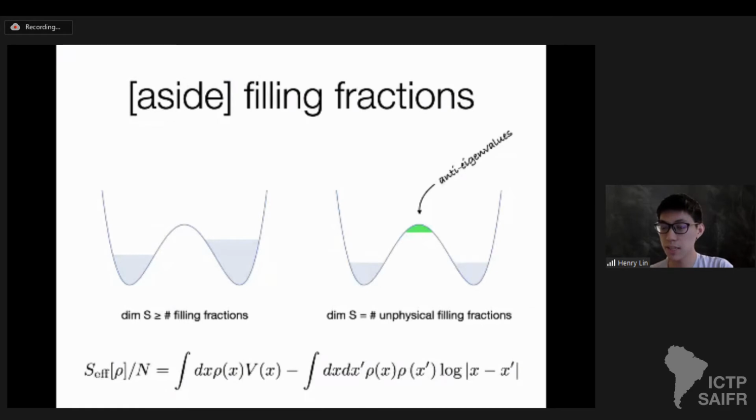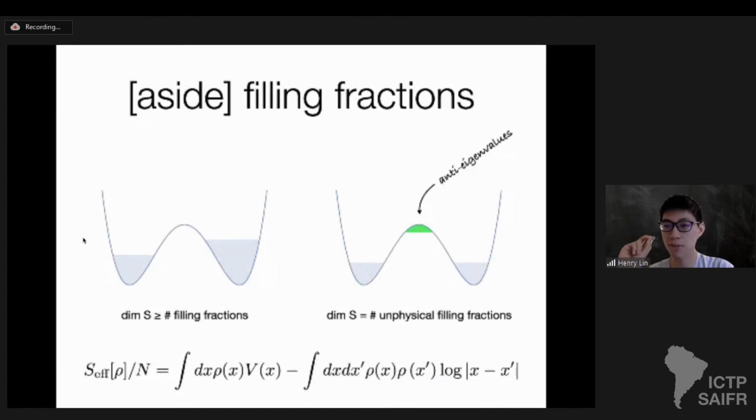So to explain this, recall that at large N, the effective action has the form of, you can think of this as some sort of charged particles with some charge density, sitting in some potential, but they also experience repulsion. And the point is that if you allow for negative charge density, just formally speaking, so you don't impose the constraint that the eigenvalue density is positive, well, the particles will, of course, feel the opposite potential. So a local maximum will be felt as a local minimum.